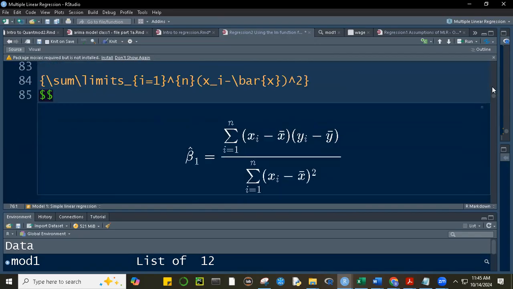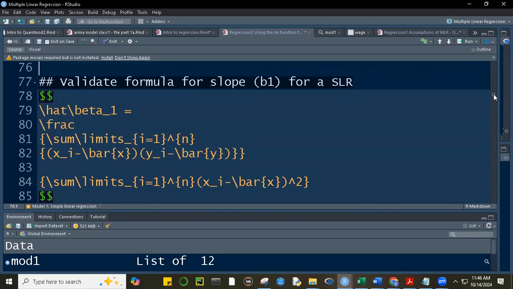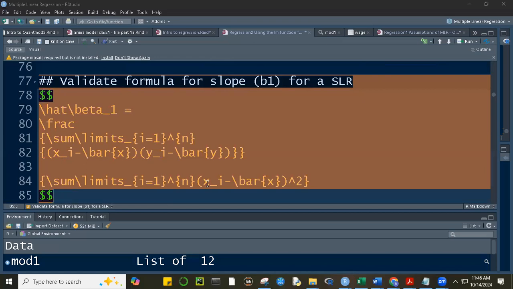Okay. Now we can actually take a look at how this was computed. No? Okay, let me share this with you. This equation. This is the formula to compute for the slope. Okay.